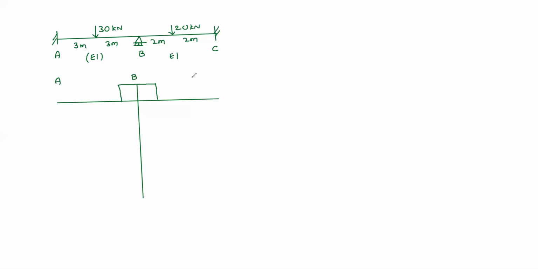A, B, C. Here the span, I mean before that, joint B. Spans are BA, BC. Stiffness K: 4EA by 6, 4EA by 4.